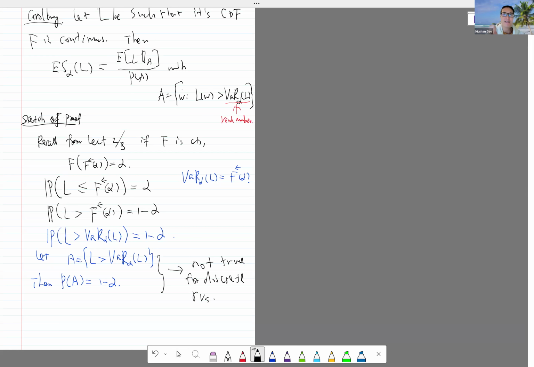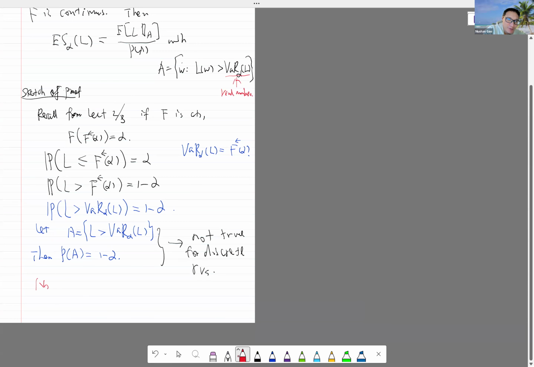So we find a set A with probability 1 minus alpha. Note, on A, L has the largest values.